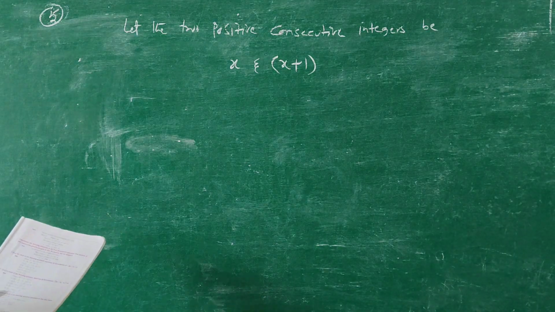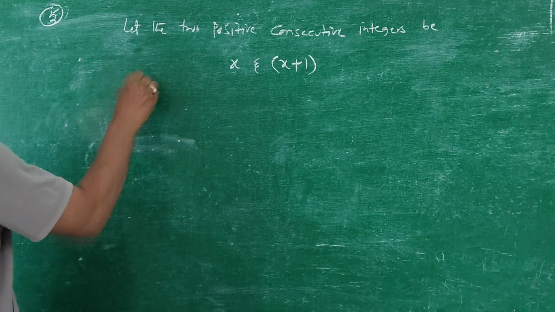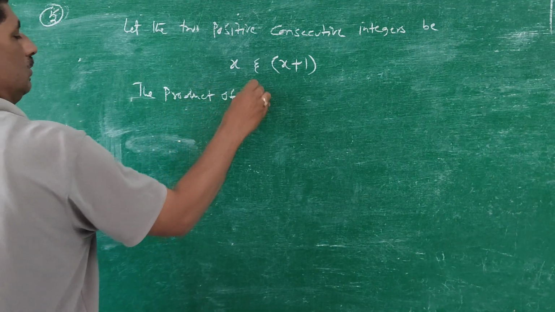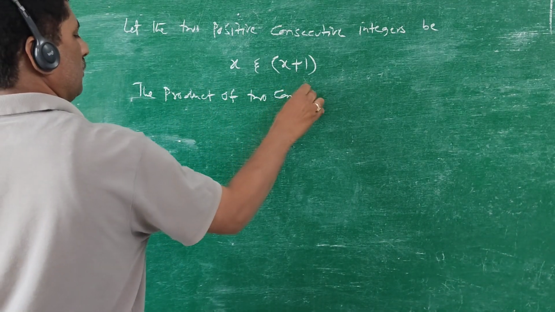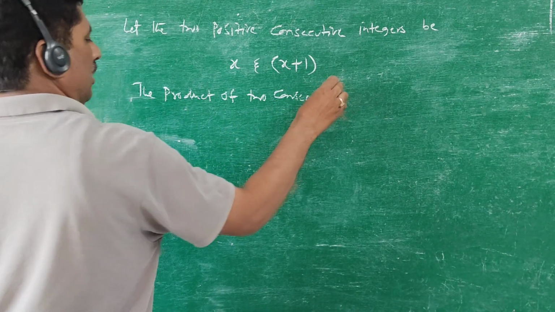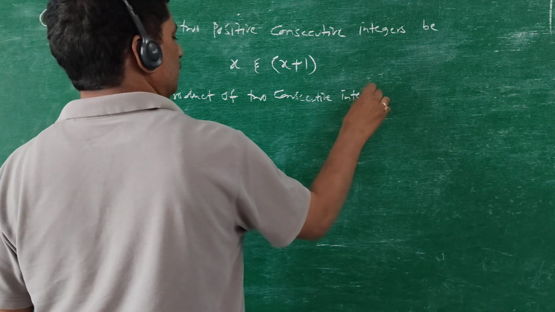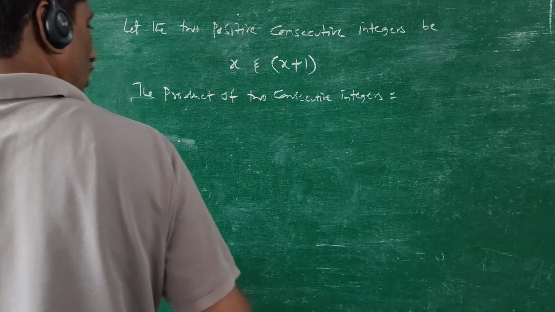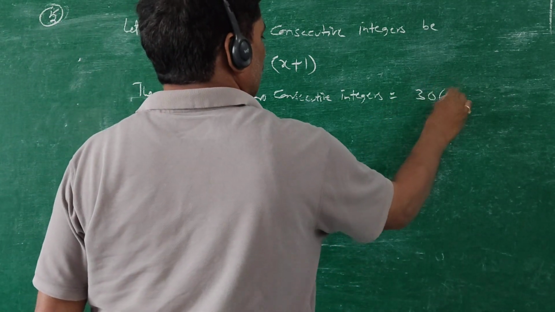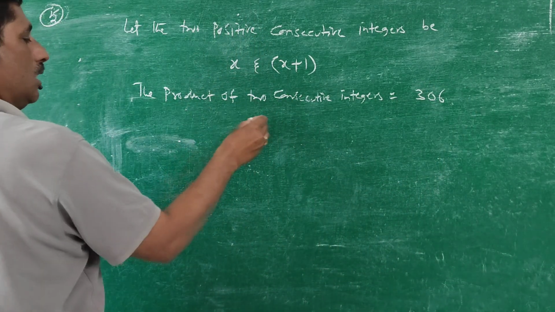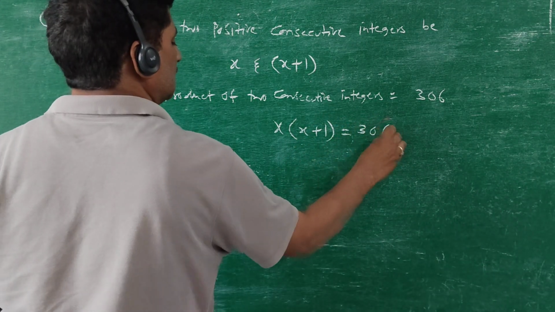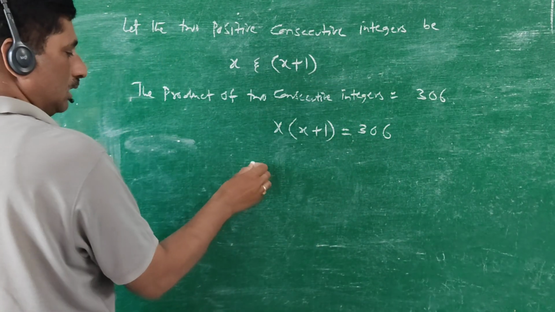The product of these two consecutive integers is given as 306. You know that product means we should multiply them, x into x plus 1 equals 306. We have to equate it to that value.